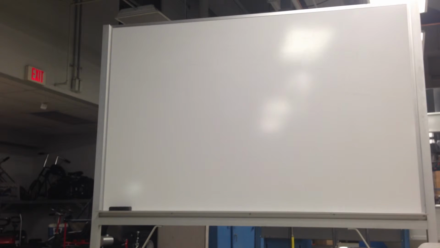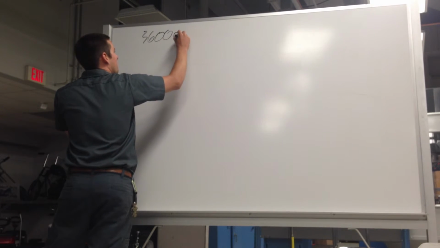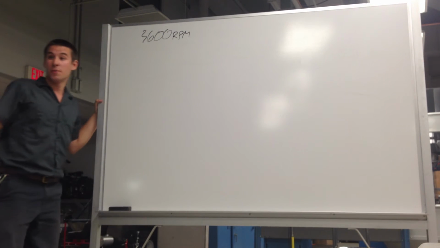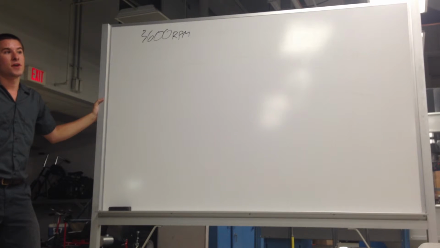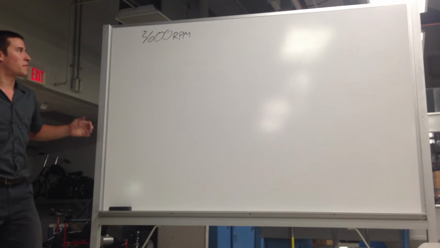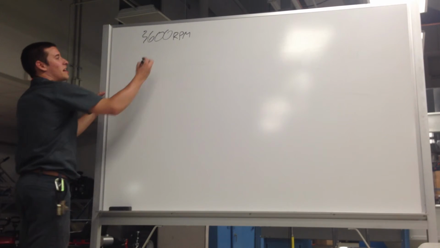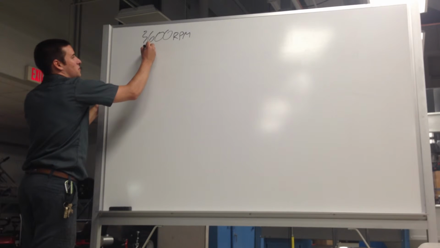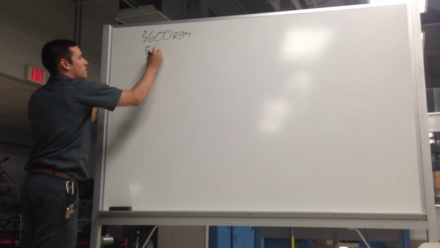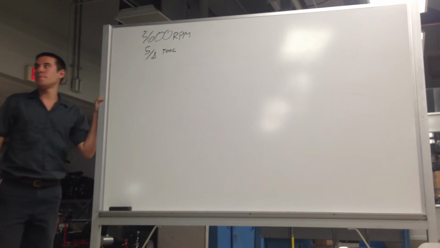So let's say, for example, our Bridgeport back there, we're cutting at 3,600 RPM, and we're cutting aluminum, right? So we want to be in the range of 500 to 1,000, somewhere in there, maybe even higher. We're cutting with a 5/8 tool. Right?